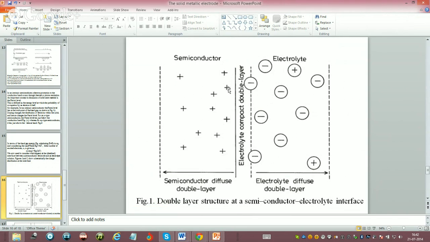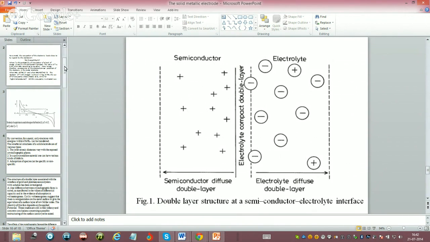Whereas the positive charges, if it were a metal electrode, will be in a very thin layer, whereas in the semiconductors, it is penetrating to a depth of this. All these things we have seen a number of times, so we will not spend much time. We will see later on how to calculate all these parameters.